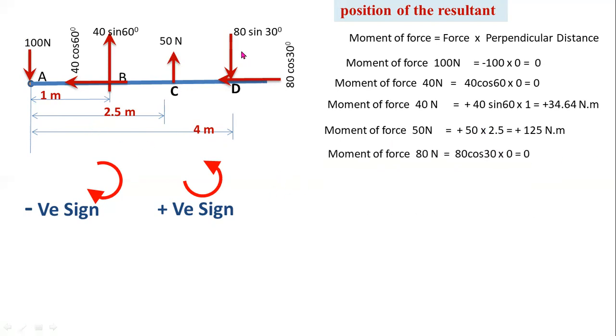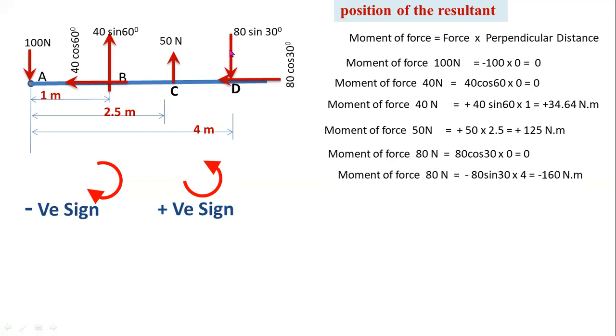Now the moment of force 80 cos 30. For this horizontal force, you can observe it is acting towards point A, so there is no perpendicular distance between force 80 cos 30 and point A. It lies on the same line, therefore 0 distance for the horizontal force.